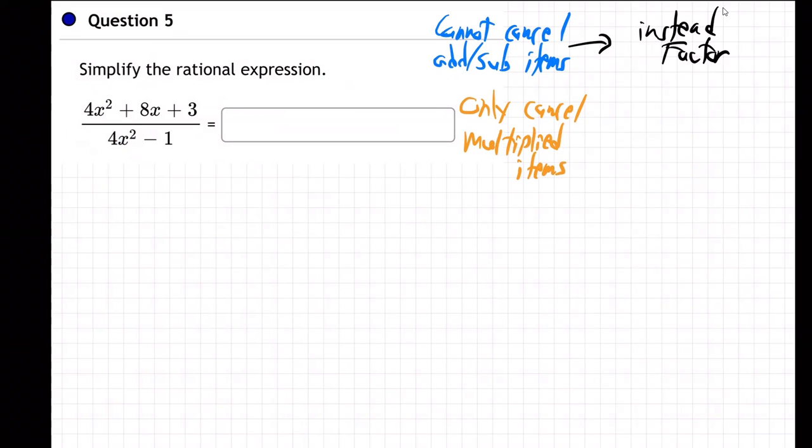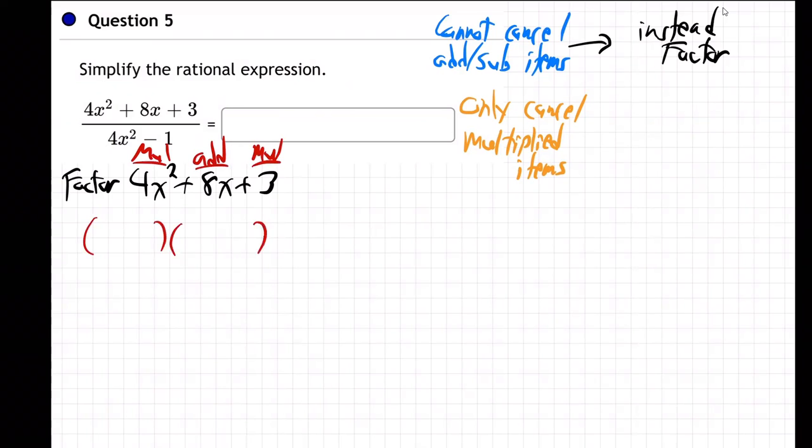So we have to factor the top and the bottom. We'll start with the top, 4x squared plus 8x plus 3. How do we factor that? Well, you probably remember. It's multiply, add, multiply, right? For 3 terms, we have the 2 parentheses and we go 2x, right?